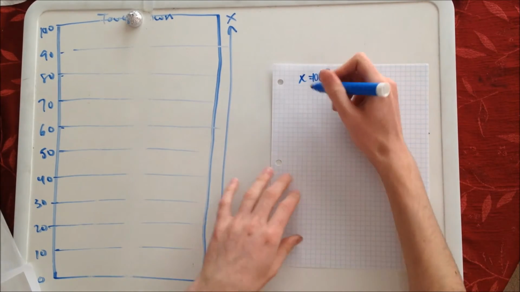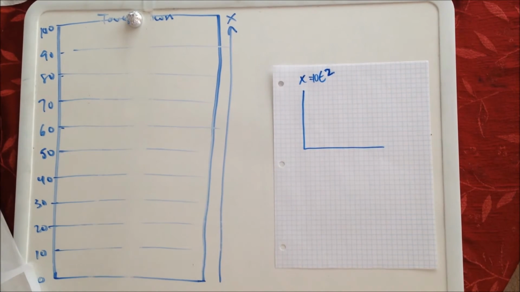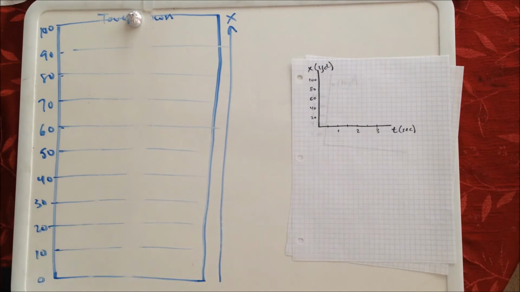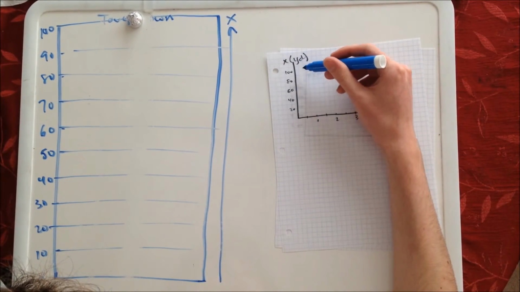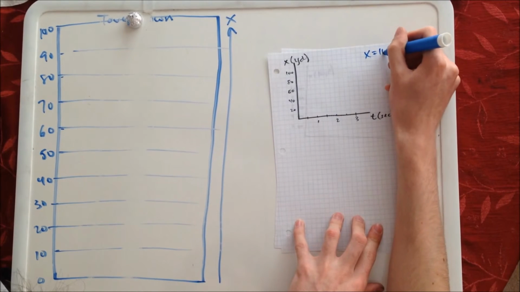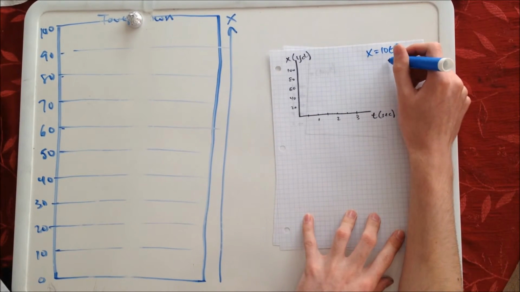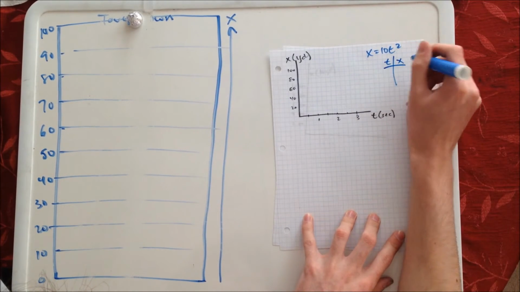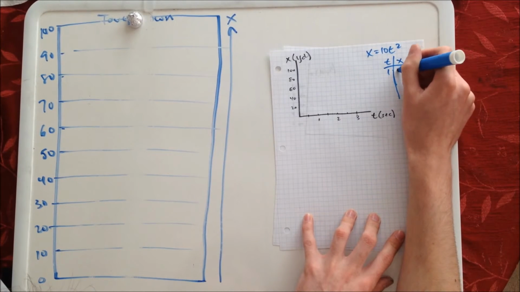So if I follow the same process that we used last time, if I made a t chart for that, so t and x, then when t equals 1, x is going to equal 10 times 1 squared, which is 10.